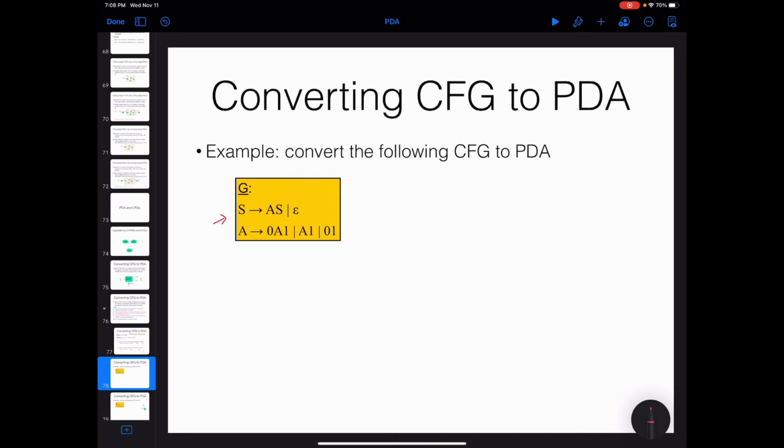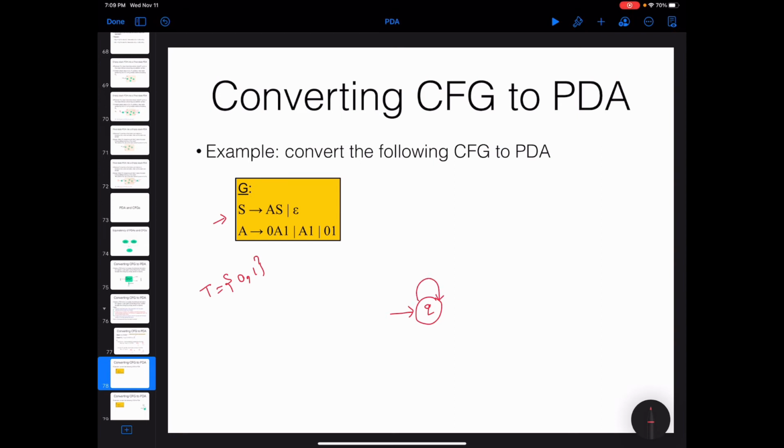We are going to have only one state, let's just call it Q. The initial token of the stack is going to be S. I'm going to first add all the transitions for the terminal tokens. The terminal tokens are only 0 and 1, and I'm going to add a transition for each of them.